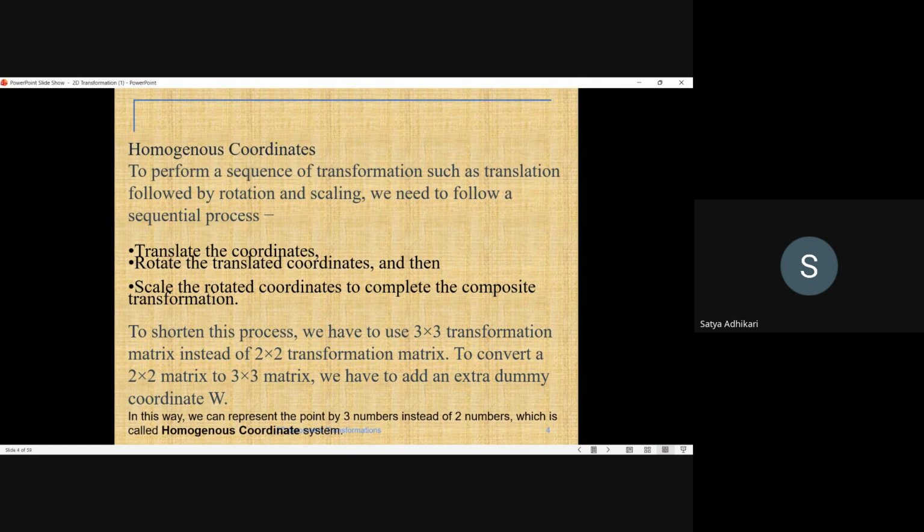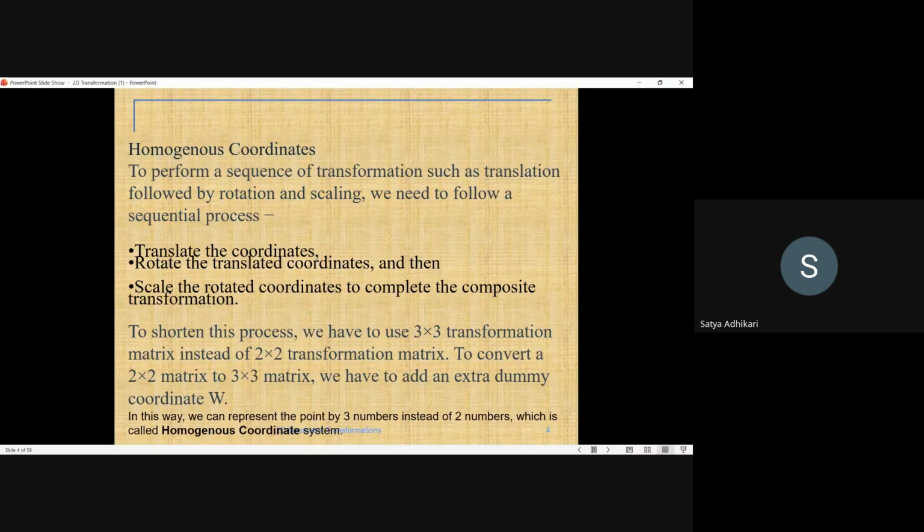To convert the 2 cross 2 matrix to a 3 cross 3 matrix, we have to add an extra dummy coordinate. That coordinate does not exist, so we have to add that dummy coordinate. We will have an example when we learn composite transformation.